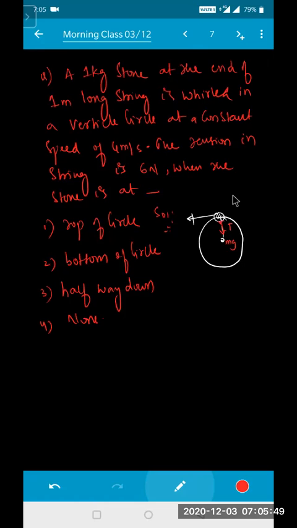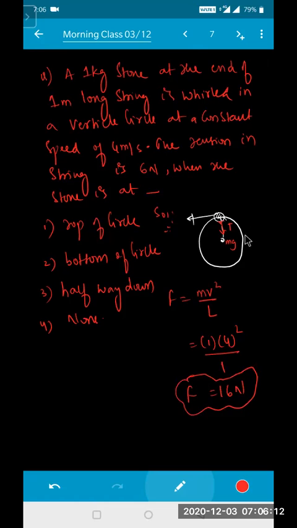Now tell me, when the particle is moving in circular motion, what is the force for that? So F must be equal to m v square divided by L. Mass is 1, velocity is 4 square, divided by length 1. This is 16 Newton. And this should be the force in order to make it move in a vertical circle.